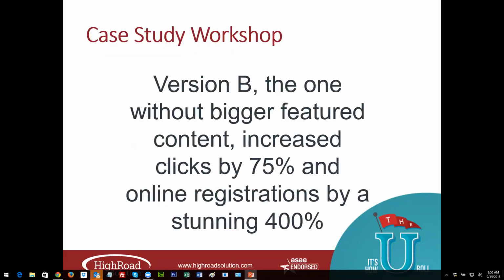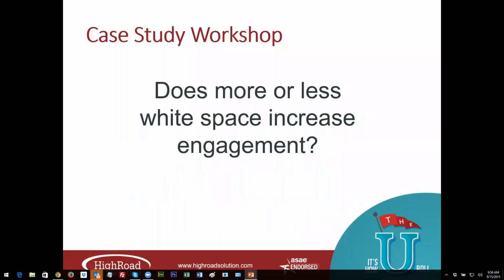Version B, the one without the bigger featured content, increased clicks by 75% and online registration by a stunning 400%. So that would go a little bit against your intuition. In that case, you wouldn't necessarily trust your gut, unless, of course, version B is the one that you had in your mind. If so, good for you.